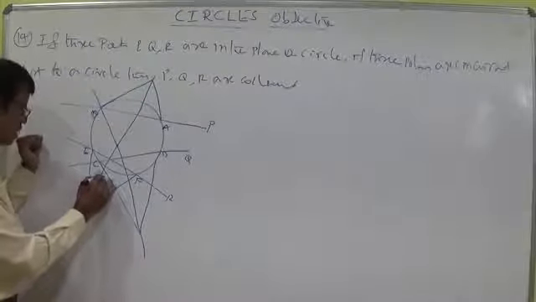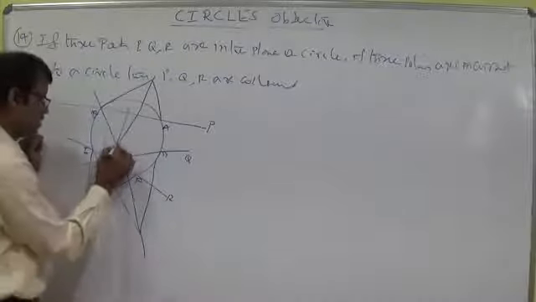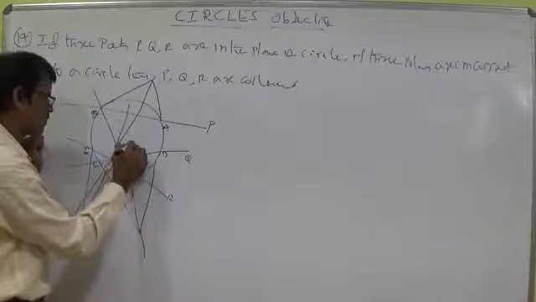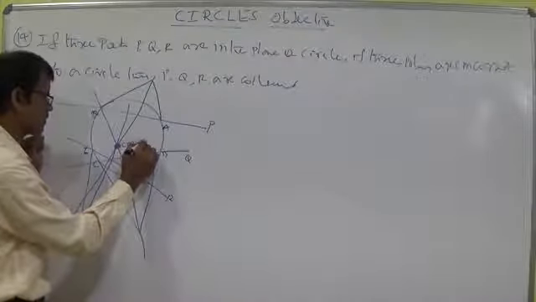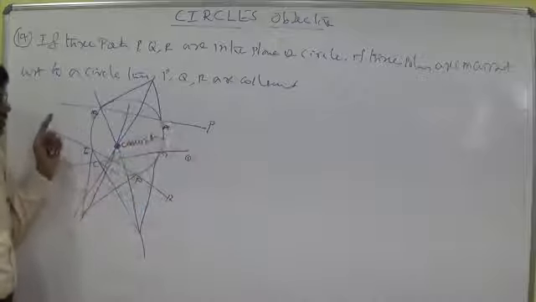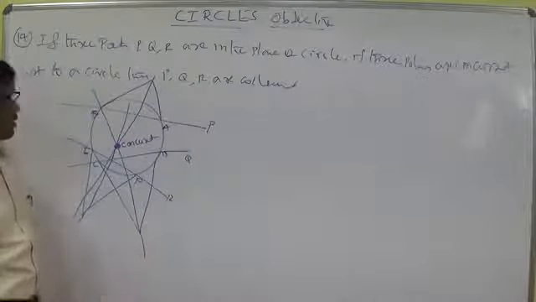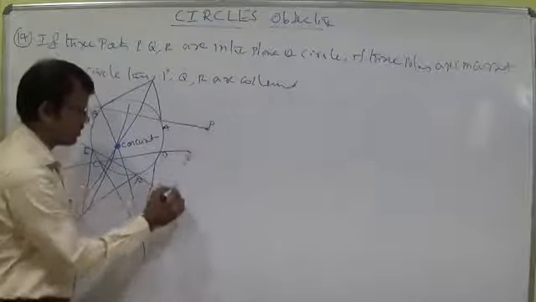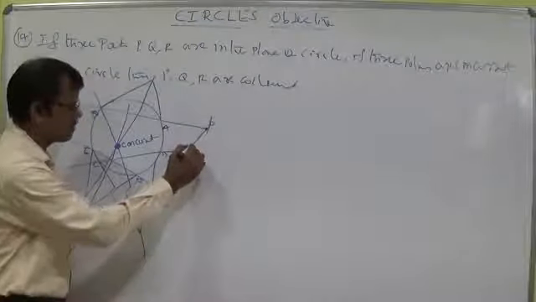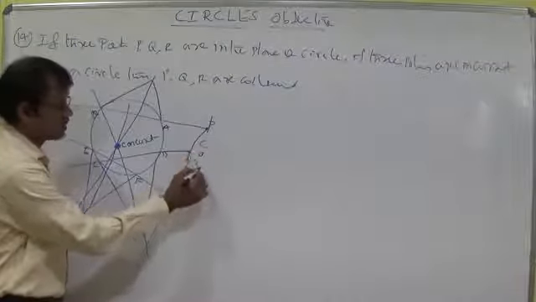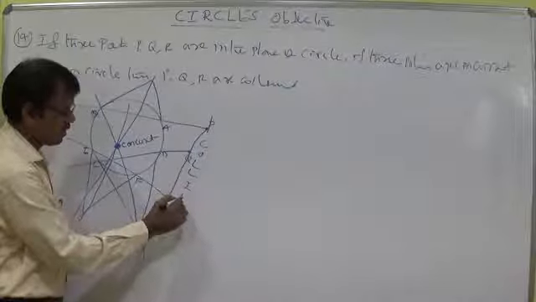So the polar is also passing through the same point. What is happening? It is concurrent. Whenever the polar of P, polar of Q, polar of R are concurrent, then you should understand that P, Q, R lie on the same line. Now you can say that they are collinear.